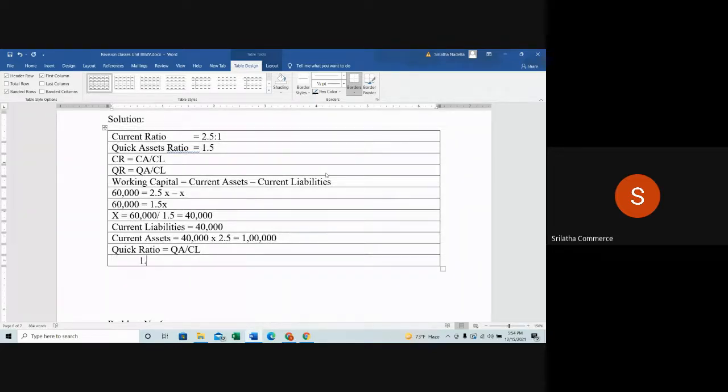We do not know quick assets, but you know current liabilities, 40,000. So quick assets is equal to 40,000 into 1.5, which is 60,000.